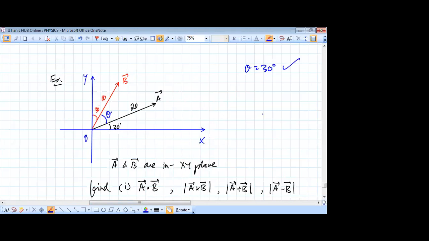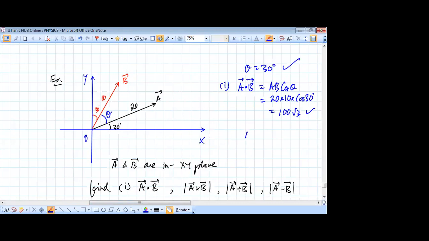Is it clear to everyone that theta is 30 degrees? So for the first part's answer, A dot B, I don't need to do any component form here. I'll just use the definition. It is AB cos theta. So magnitude of A is 20, magnitude of B is 10, and cos 30 is root 3 by 2. So this becomes 100 root 3. So that is your A dot B.